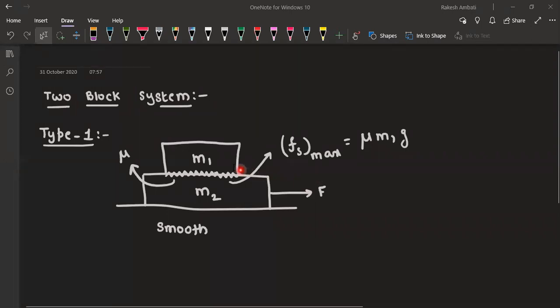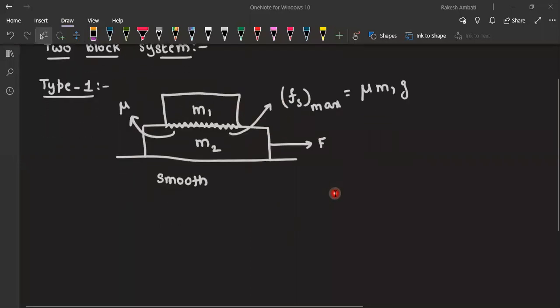But in this case, the two blocks are moving together with the same acceleration, so who is helping them to move together? Static frictional force.